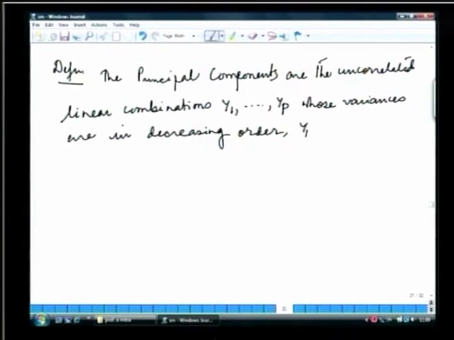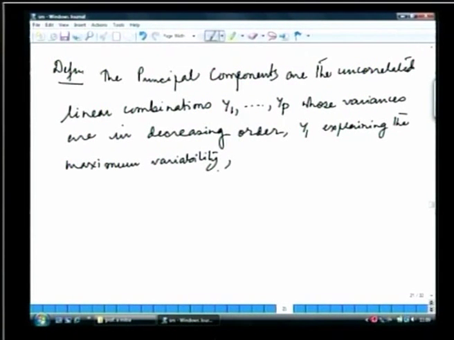So, y1 explaining the maximum variability, y2 explaining the second highest variability, and so on.